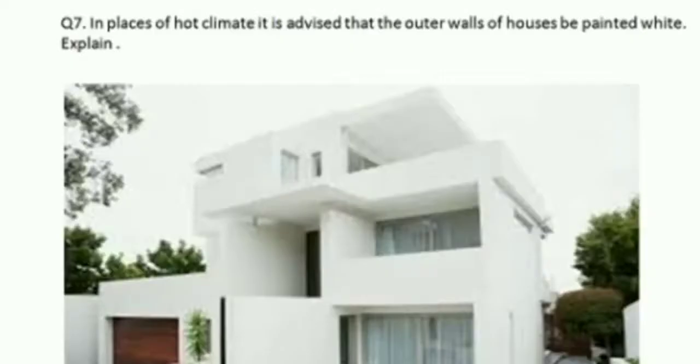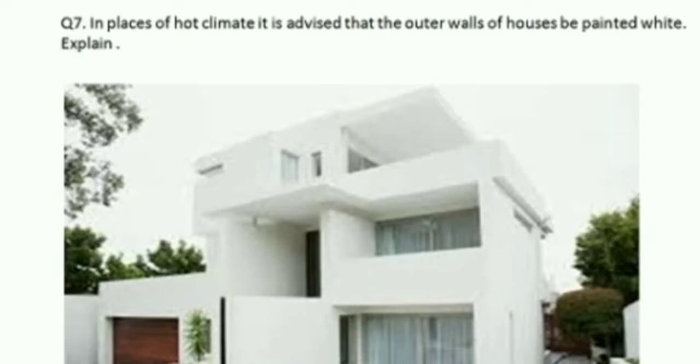Question number 7. In places of hot climate, it is advised that the outer walls of houses be painted white. Explain. Because in hot climate, we do not want the inside of the house also to be very hot.